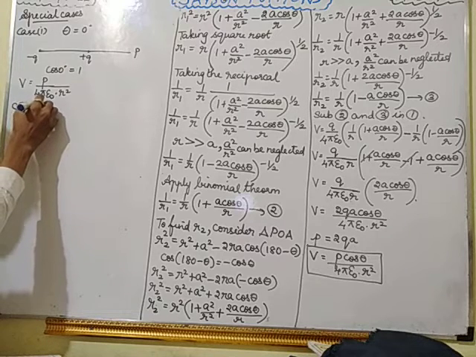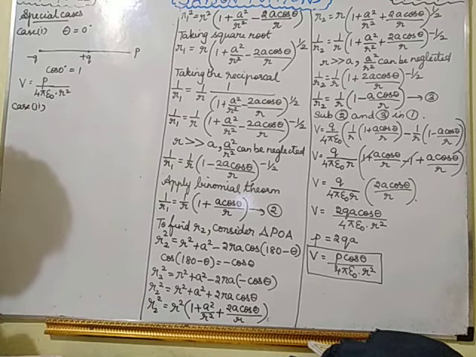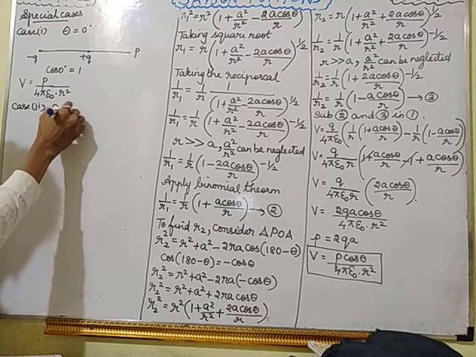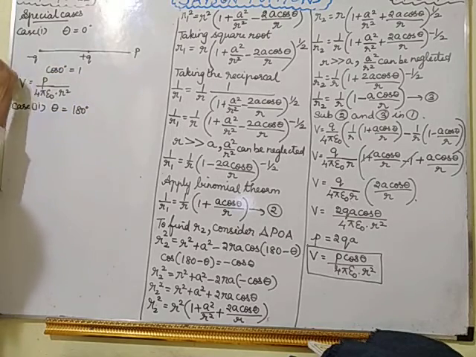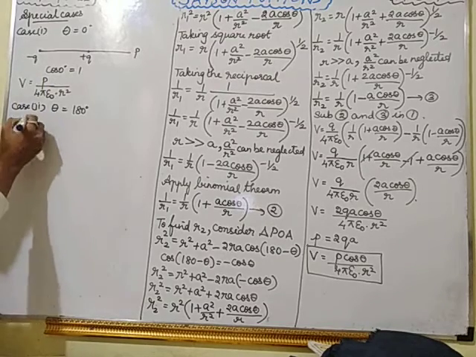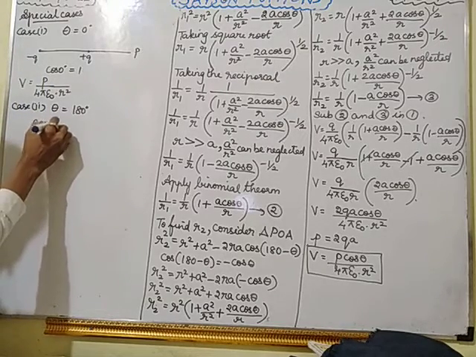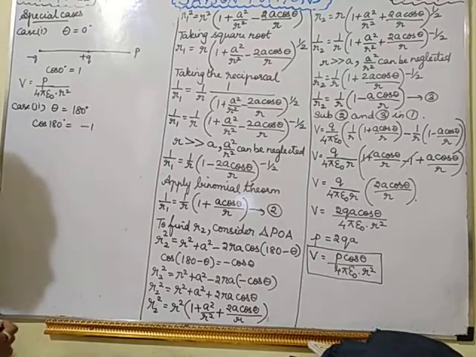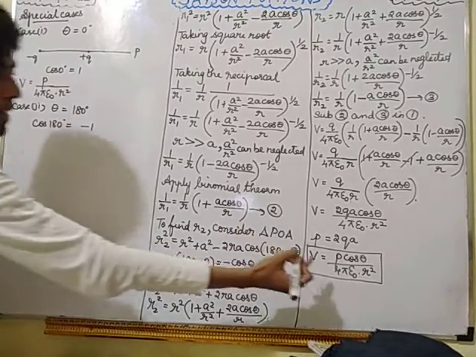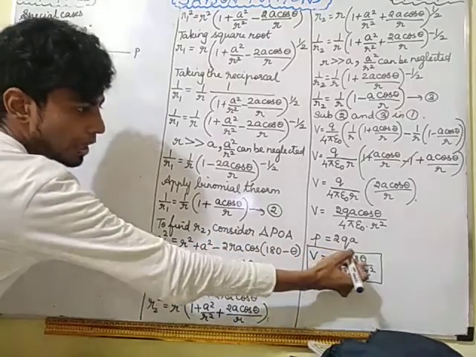Then case 2. When theta is equal to 180 degree. 180 degree means this side, the minus q side. So cos 180, what is the value of cos 180? It is minus 1. So if I substitute cos 180, this will become minus 1.